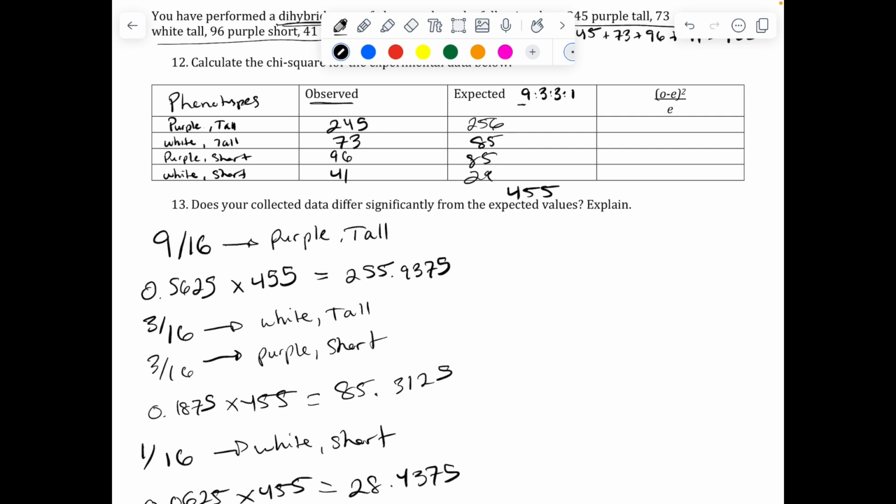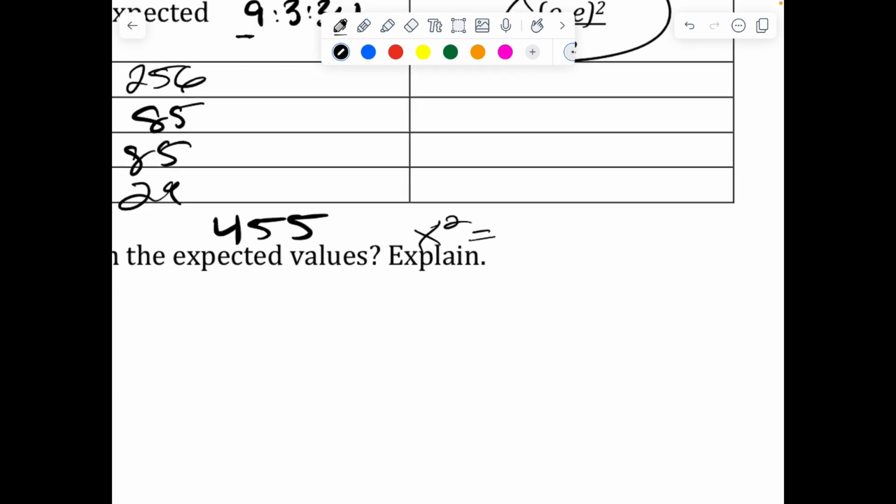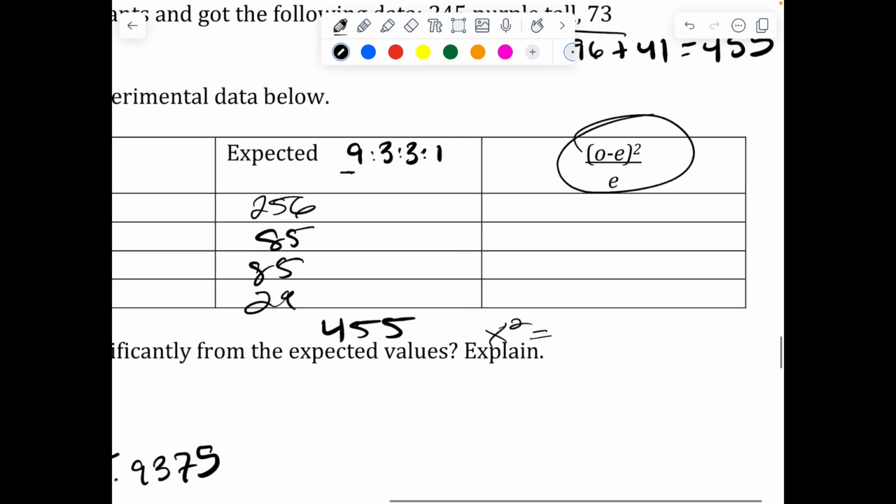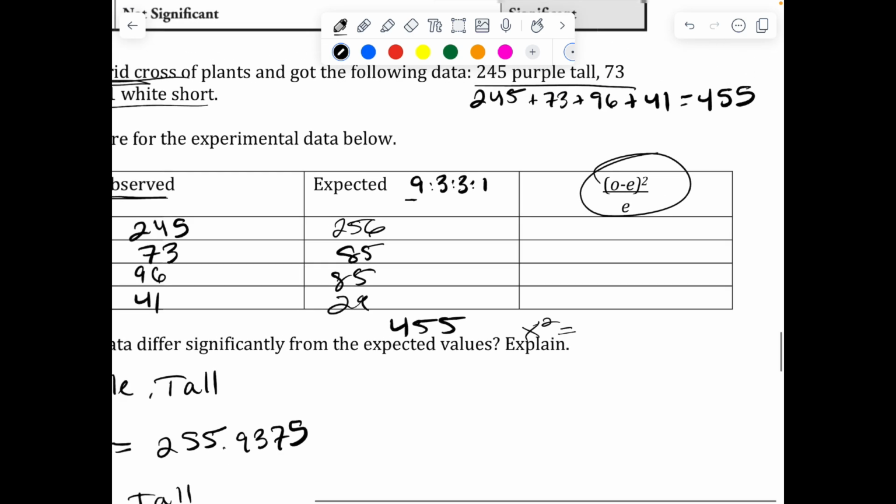Now I have to go through this process of plugging it into this equation. I'm going to have to sum them all up to get my chi-squared value. So, for example, I go observed minus expected, so it'd be 245 minus 256 squared divided by expected 256 equals.